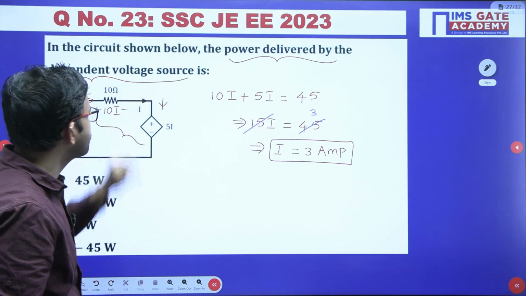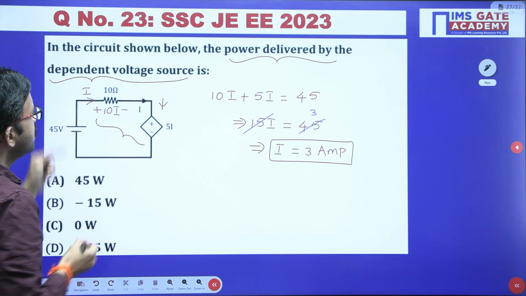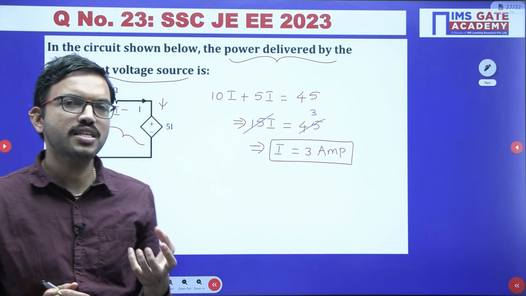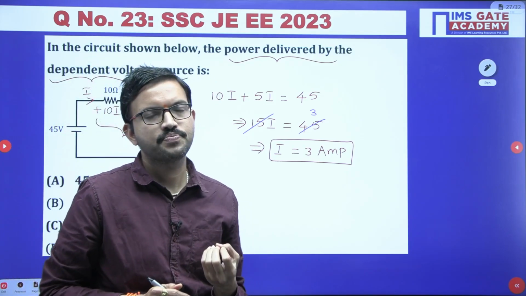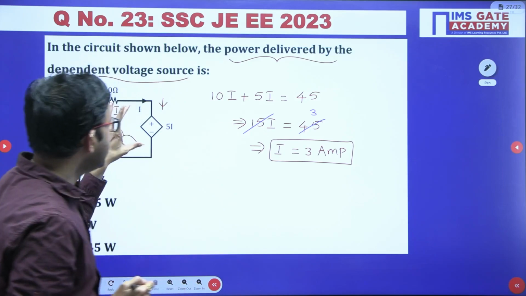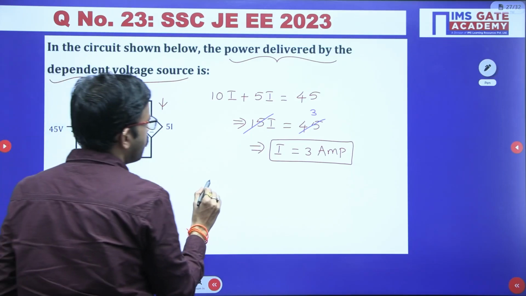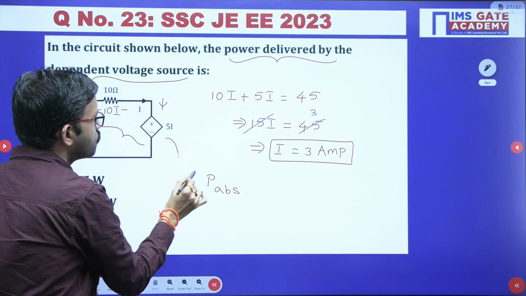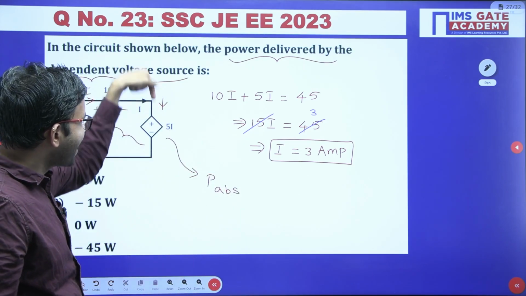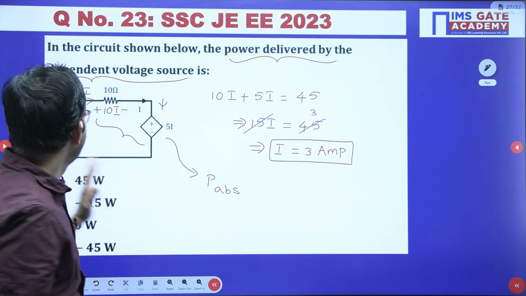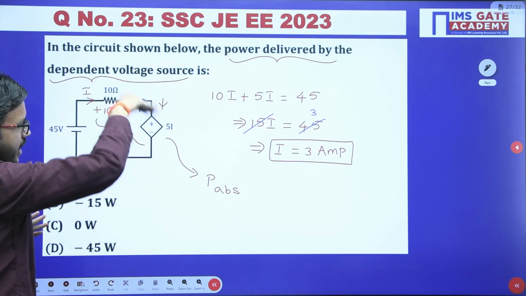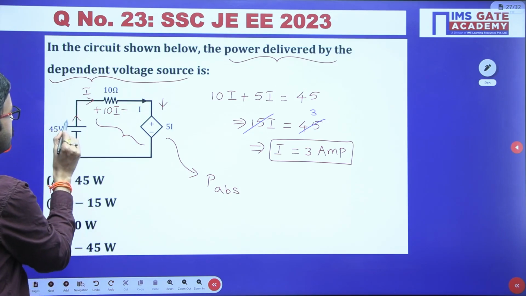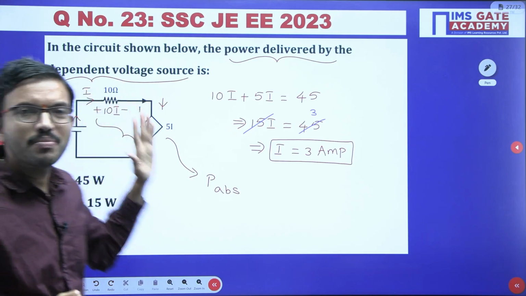Whenever current enters the positive terminal, just like in the resistor, the element is absorbing power. So whatever power you calculate is absorbed. If you observe this current direction, with respect to this source, current leaves from the positive terminal. Whenever current leaves from the positive terminal, it is delivering.